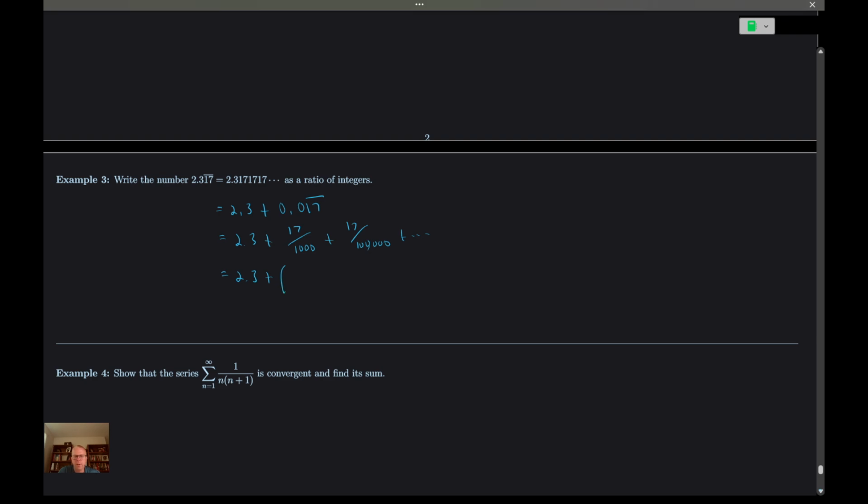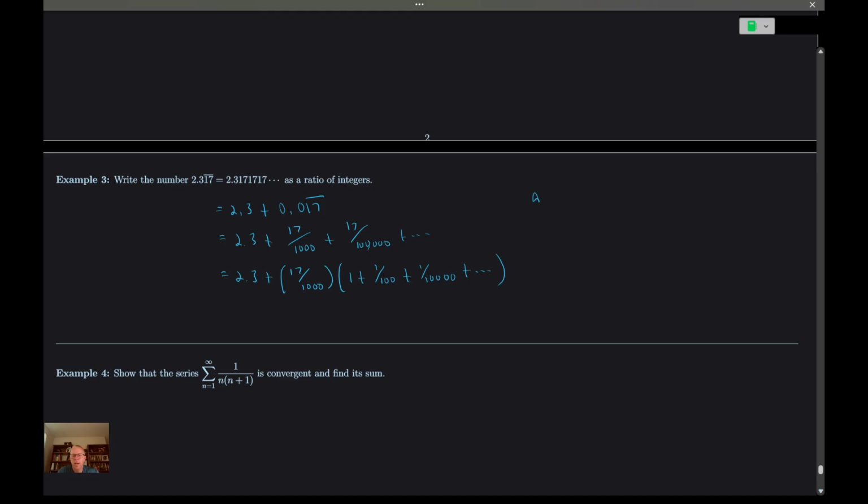Now factor out the 17 over 1,000. And we have 1 plus 1 over 100 plus 1 over 10,000 and so on. And so this will give us our common ratio.